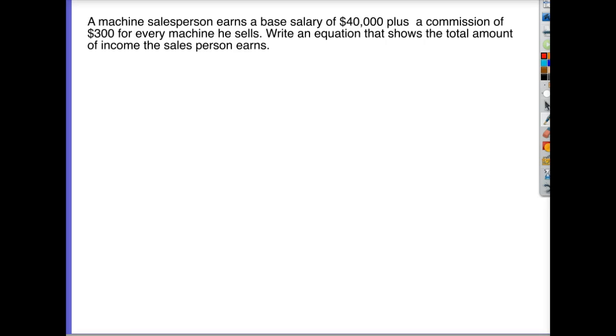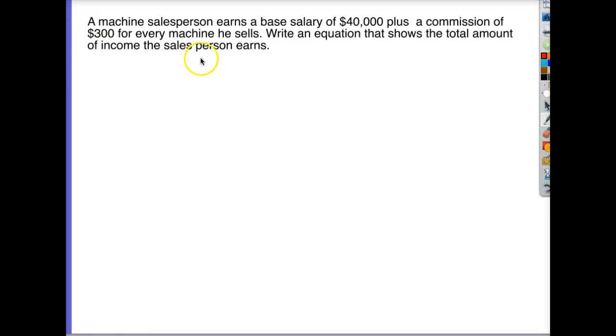Okay, so here's our first example. What we have to do first is, of course, read. Let's make sense of what's going on here. A machine salesperson earns a base salary of $40,000 plus a commission of $300 for every machine he sells. Write an equation that shows the total amount of income that the salesperson earns.